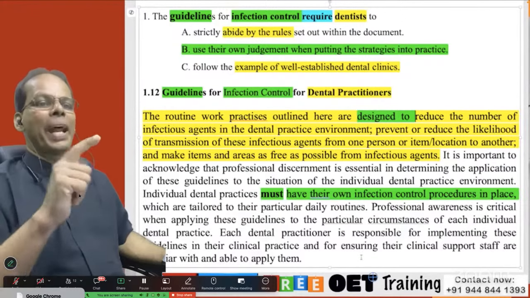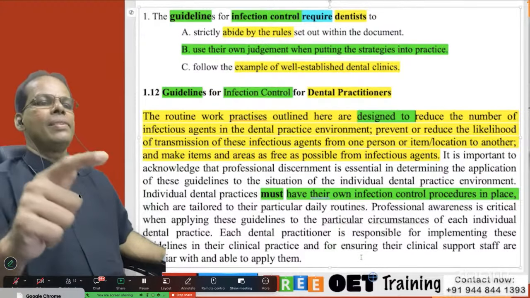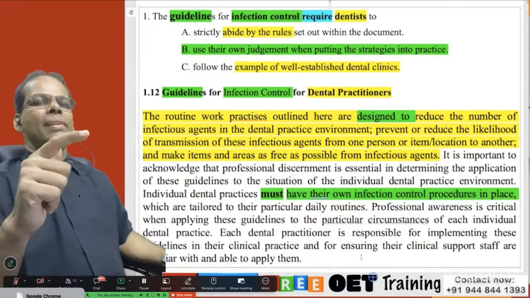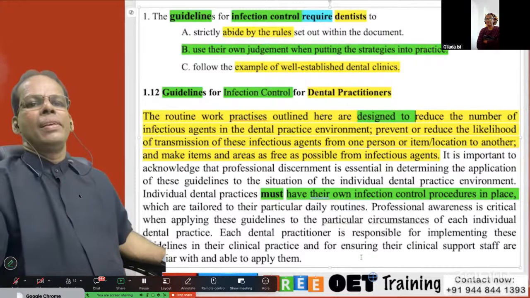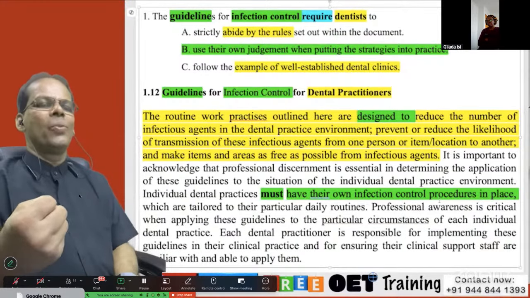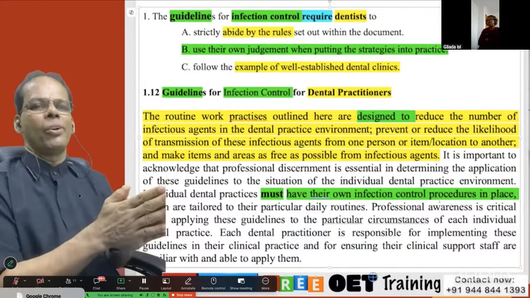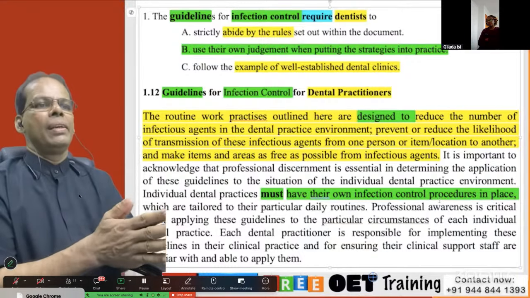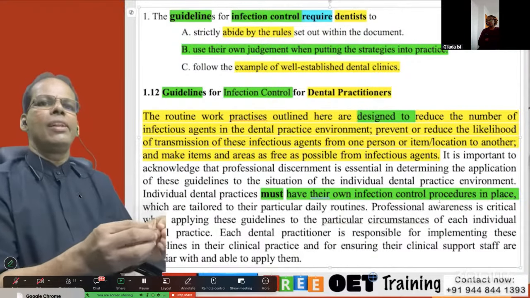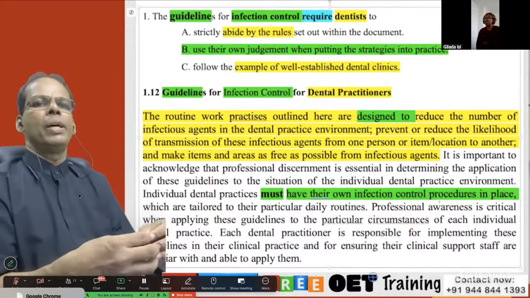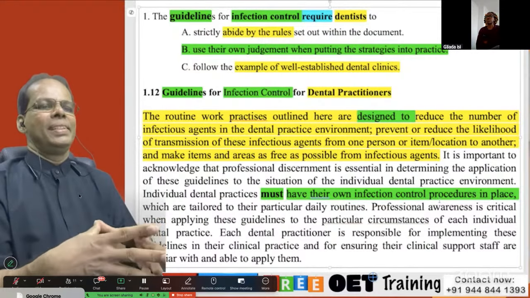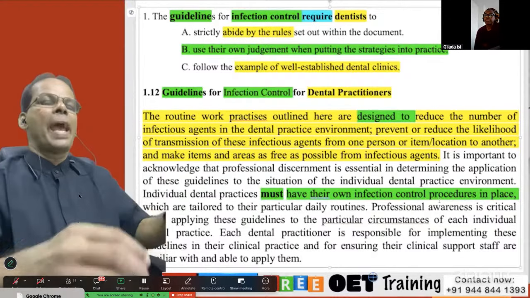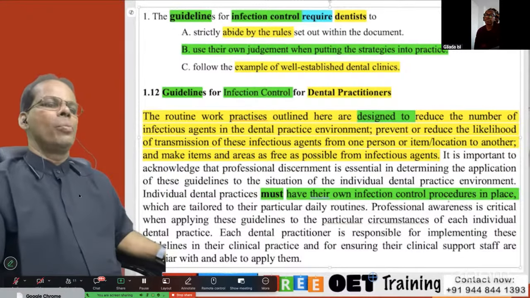Dentists or dental practitioners. Is it a suggestion or a mandate? Is it a suggestion or must? Mandatory. So what I'm telling you here is that what is to be done is infection control. Who has to do it? Dental practitioners or dentists. And is it a suggestion or mandatory? Must or should? It's mandatory. "Required" or "must" is mandatory.